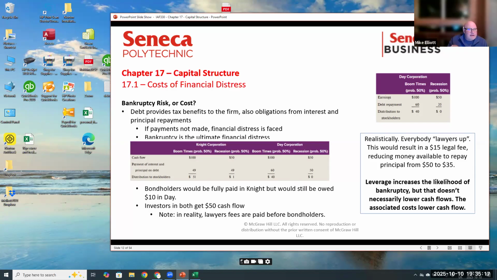Even for a healthy company, they have to account for a slight probability they may be in this position. And if that's the case, then they have to lawyer up ahead of time anyway. There will always be these associated financial distress costs associated with bond issuance. Are you going to declare bankruptcy? Probably not. Doesn't matter.